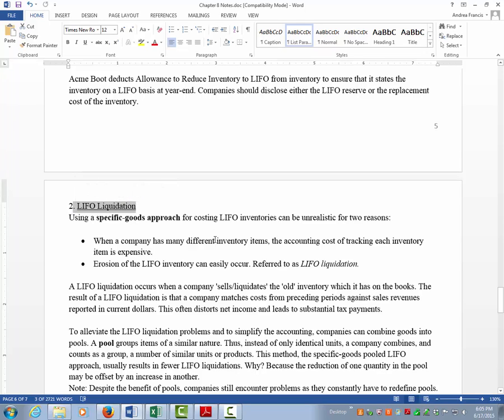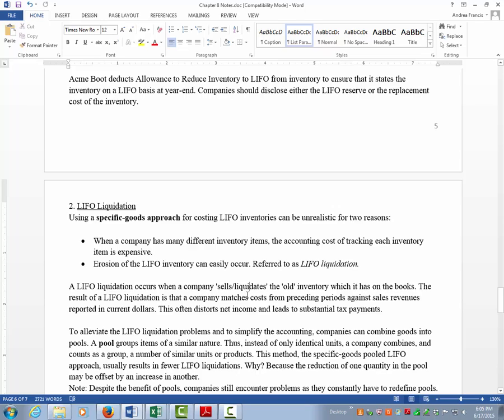Liquidation means that something was sold, right? So something was gotten rid of. What LIFO liquidation means is that sometimes a company sells or liquidates the old inventory which it has on the books. Now, this may sound like a good thing, but it's actually not a good thing.